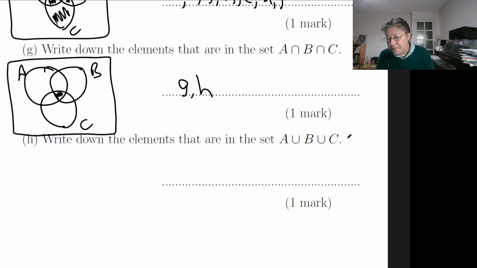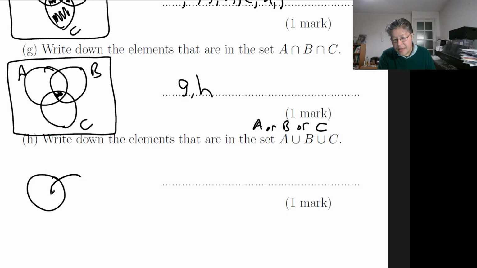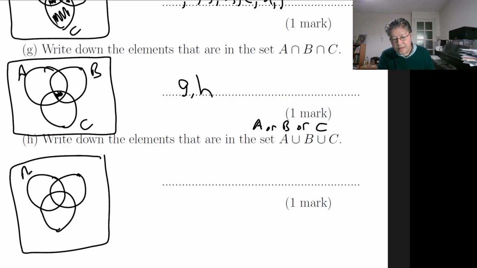And now we have A or B or C. This is the region that's in all the A's, all the B's and the C's, and also all their overlaps. So there's A, B, C. This is the A only, this is B only, and this is C only. And then this is the part that's in A and C only.